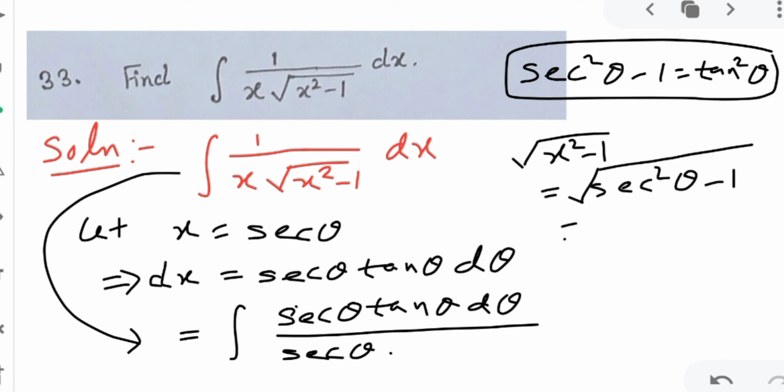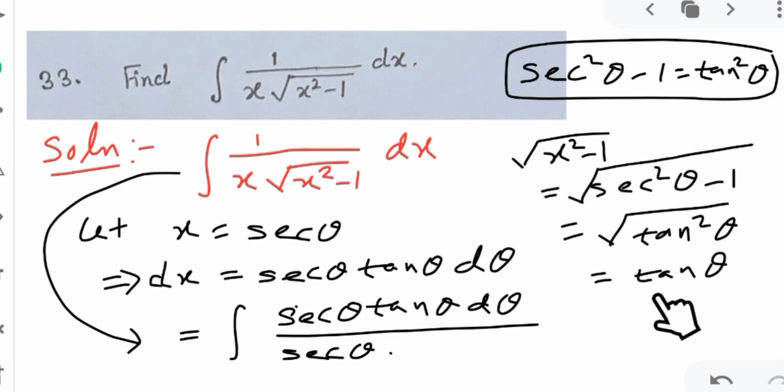Okay, so the square root of sec square theta minus 1 is tan square theta. Just now I discussed the formula, and the square root of tan square theta will be tan theta. So ultimately this root of x square minus 1 term will become tan theta. So I will write tan theta here directly. You can do it like this in the exam also.